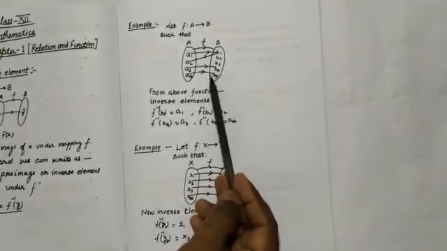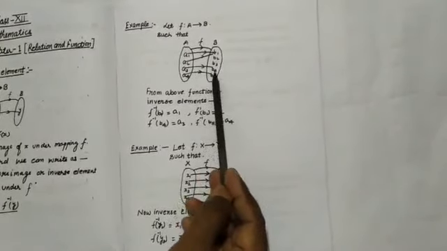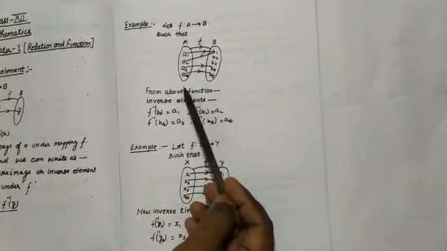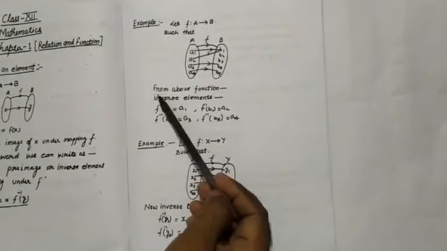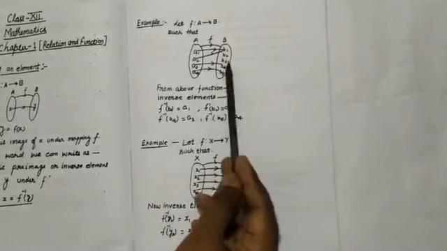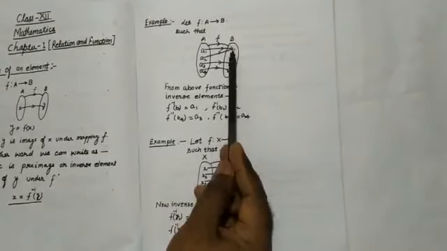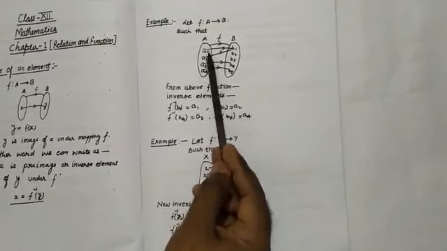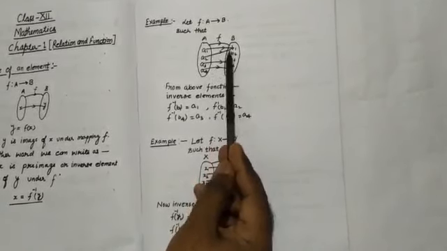Okay, now our topic is the inverse of an element. We have to find the inverse of an element. Just for revision, from the above function, the inverse of element b1 is a1. Inverse elements are pre-images, like the pre-image of b1 is a1.